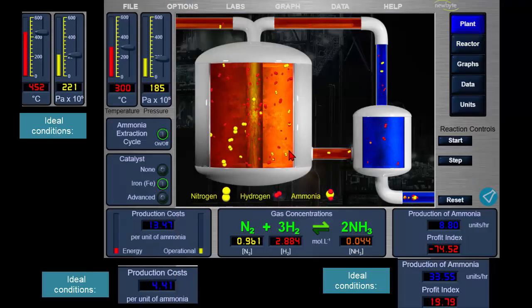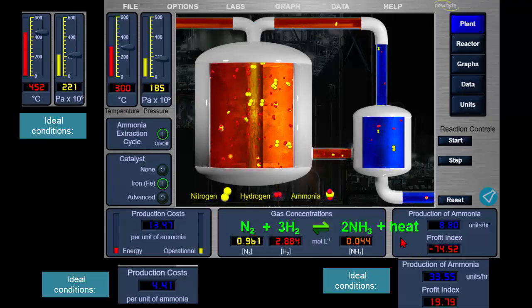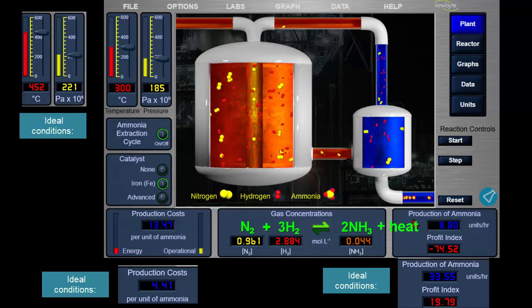So we go back to here. We're trying to get a profit, and we have an exothermic reaction here. Pressure is 4.2, so increasing pressure should increase the yield. Increasing temperature is going to decrease the yield but speed up the reaction because it's at a higher temperature.